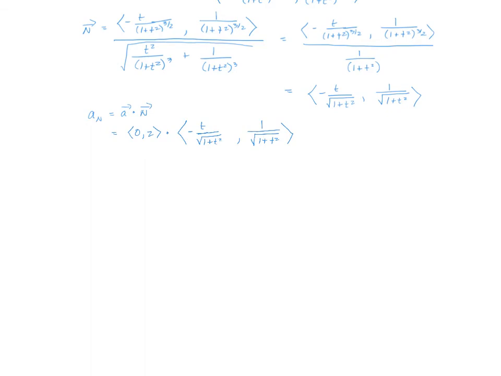Okay, so 0, and then I'm going to add 2 times, simple. That's just going to be 2 over the square root of 1 plus t squared. Some of these problems are very, very long. All right, so I got my a sub n.